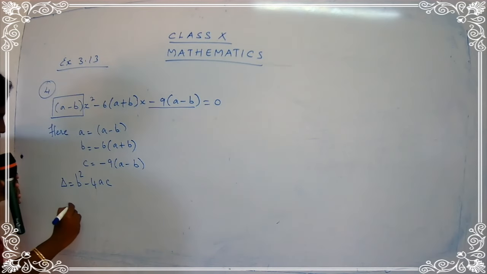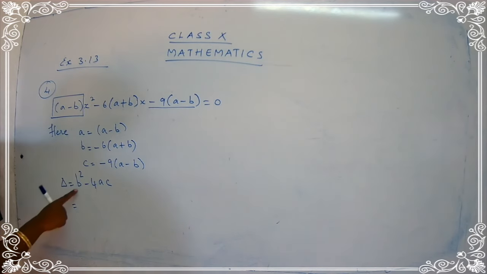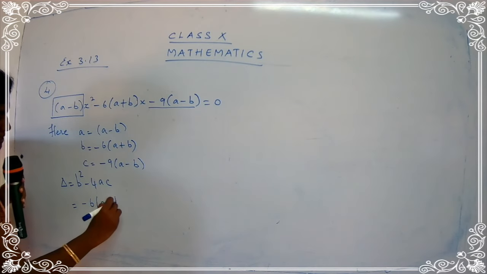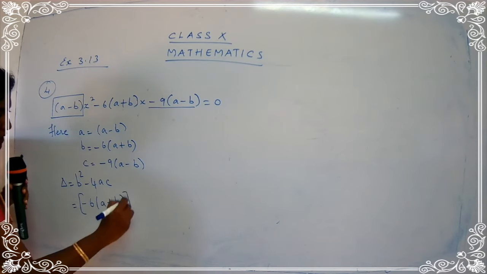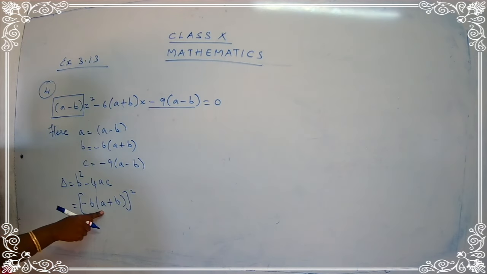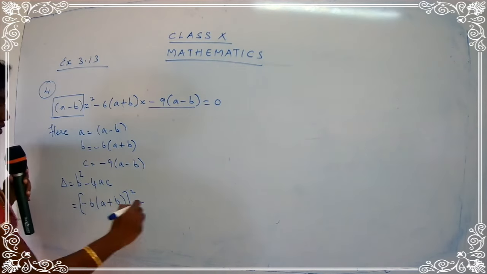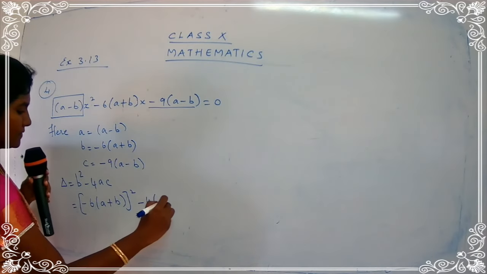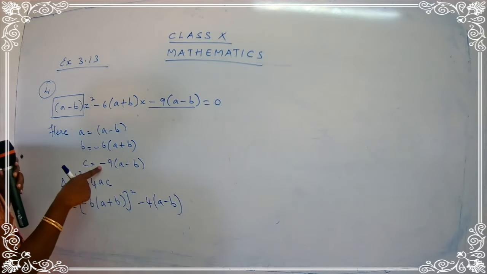So I get here, this is equal to b square minus 6 a plus b. I'll just put a square bracket because already we have a round bracket over here. So minus 6 a plus b the whole square minus 4 into a. What is a? A minus b. What is c?